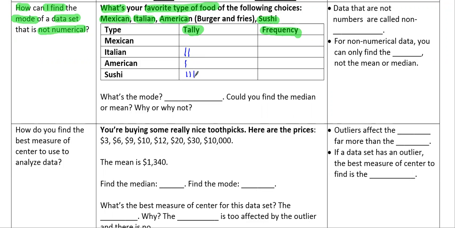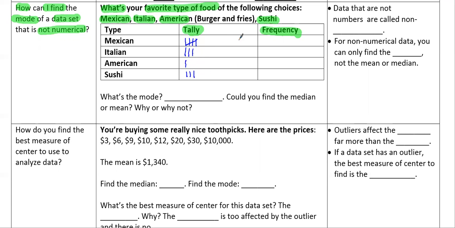Colin said sushi. Mr. Anslow said Mexican. Miss Rose said Mexican. Miss Smith said Mexican. Lacey said Italian. And Jonah said Mexican. And Mr. Plunkett said Mexican. And those were the students that responded by the time I did the video.